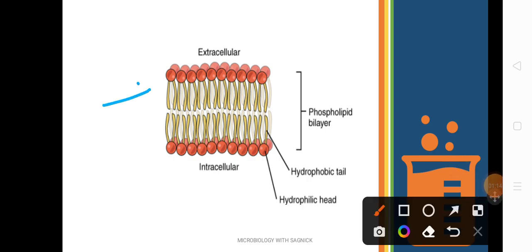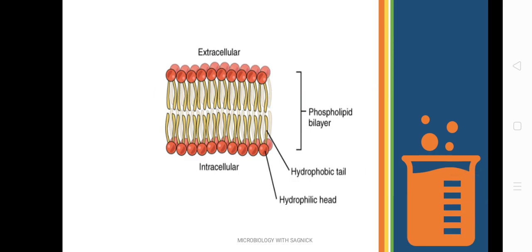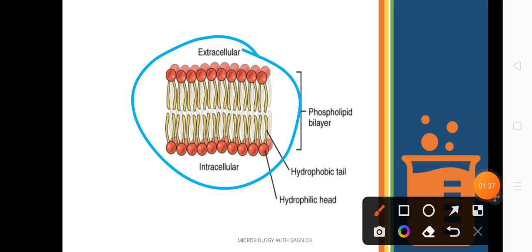That is how an asymmetric lipid bilayer is present in the cell membrane. This is the head part of the lipid and this is the tail part. The tail part, remember, is hydrophobic, and that is why it is buried in the inner part of the membrane, whereas the head part is hydrophilic, that is why it faces the outer surface, because it has to interact with the water present in the cytosol.